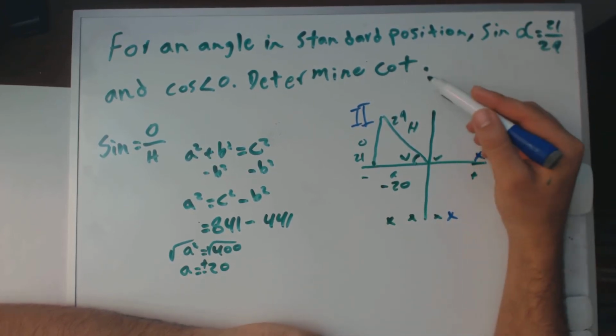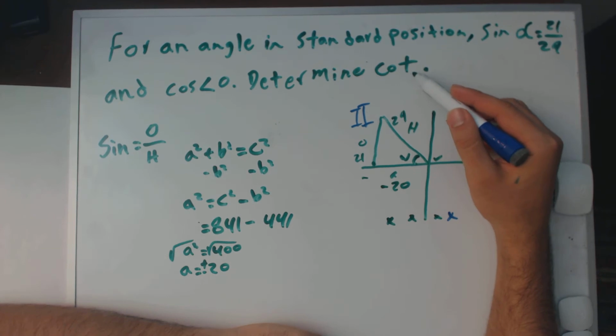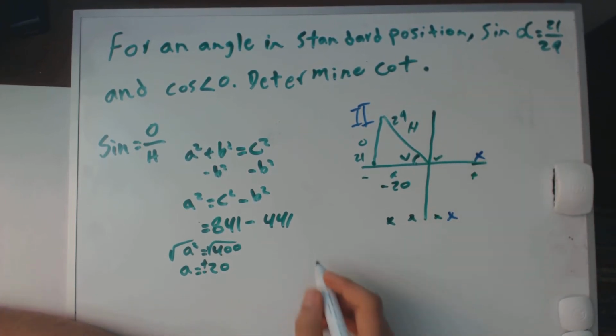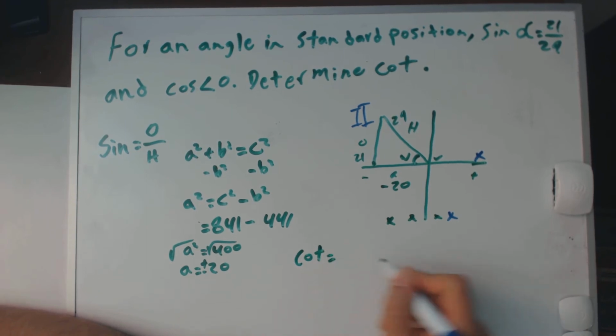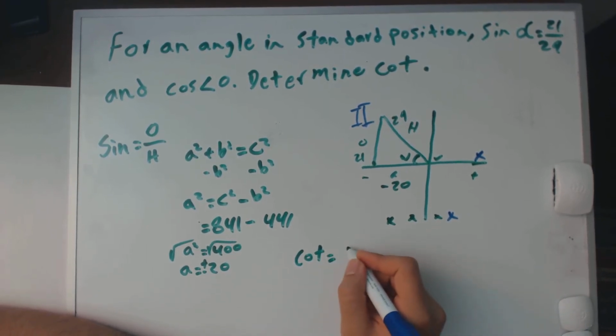And for cotangent, we have to know what to use for it. So the cotangent will be equal to opposite.